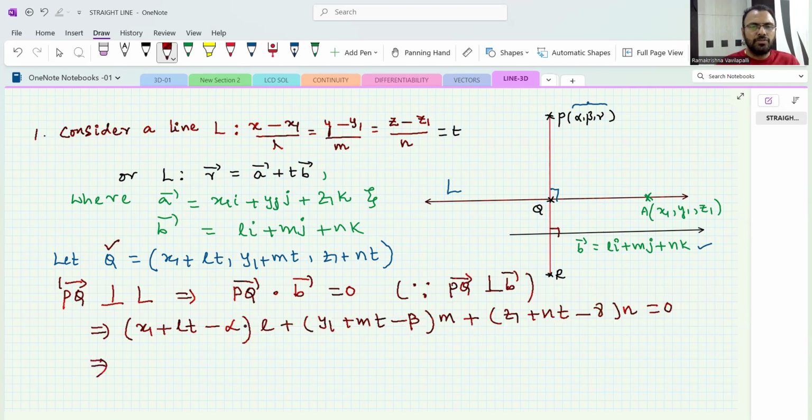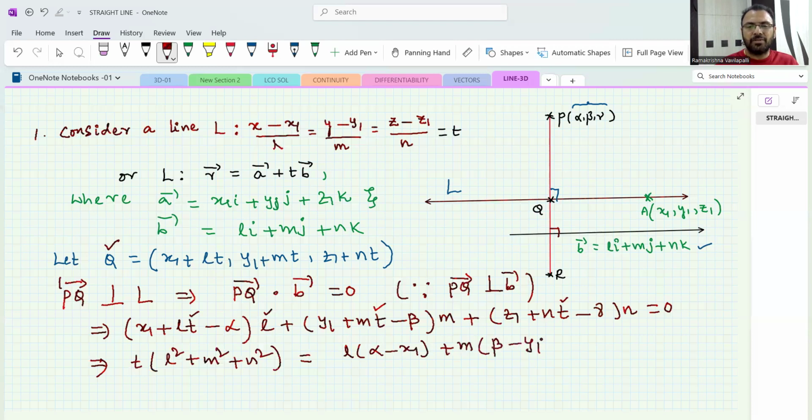So you just need to separate t. Group the terms: Lt into L is nothing but L square. So I can write t into (L square plus M square plus N square) and send the rest of the terms to that side. You will get L into (alpha minus x1) plus M into (beta minus y1) plus N into (gamma minus z1).